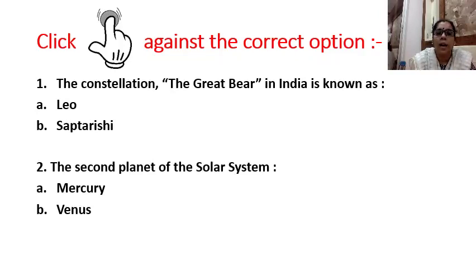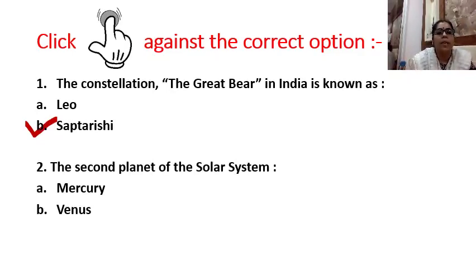Saptarishi is the correct name, right, children? The Great Bear is also called Saptarishi. It is called Saptarishi in India. It consists of 7 stars. So it is called Saptarishi. So you have to click on B option.